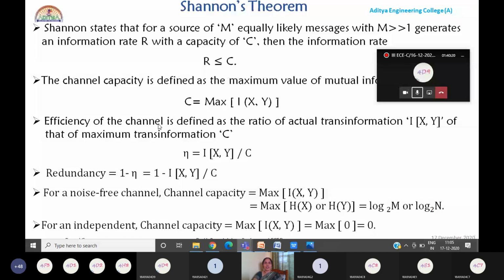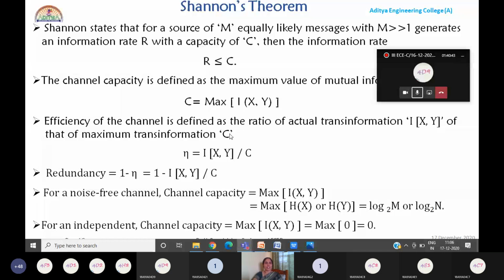So how can you define the efficiency of a channel? Let us see. The efficiency of a channel is defined as the ratio of actual trans information, that is mutual information, to that of maximum trans information.